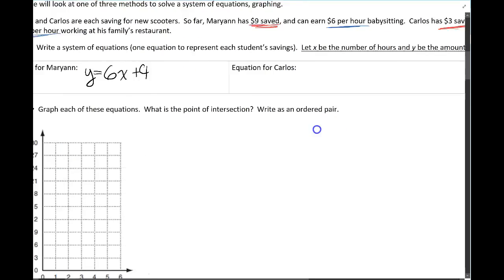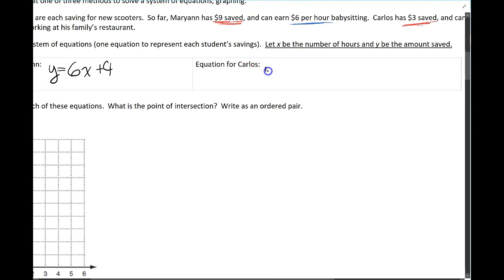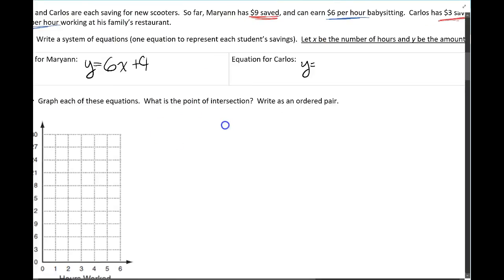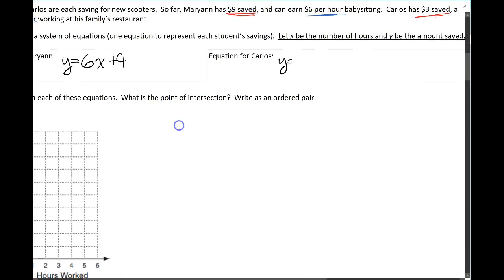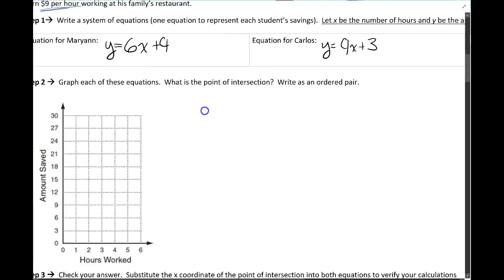And then I go to Carlos. The amount he has saved is equal to the 3 that he currently has saved and $9 per hour. So the 9 is my coefficient of x plus 3 that he has saved already, my initial value.